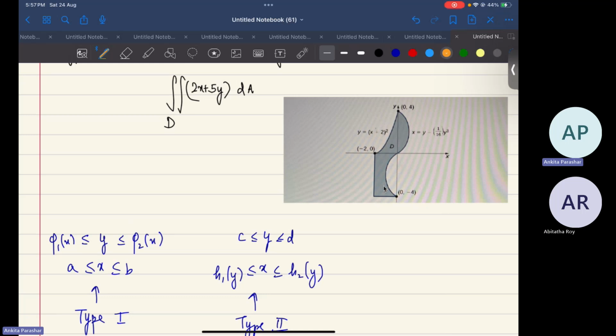So basically, it looks to you that writing one graph in terms of x is easy, but writing another graph in terms of x is difficult. I mean, x as a function of y is difficult. So why don't you partition then? Who is saying to keep both the graphs together?